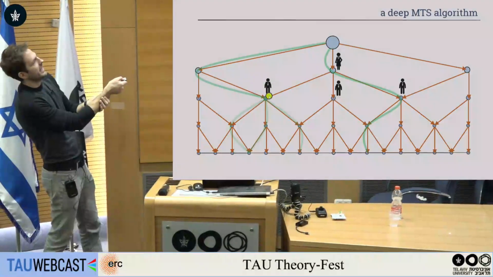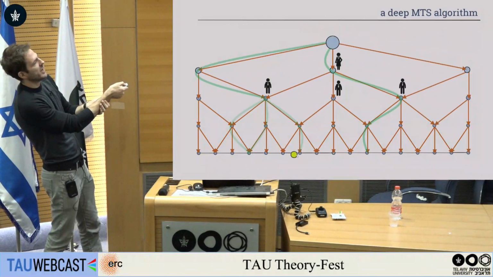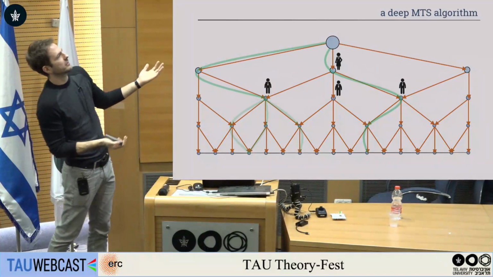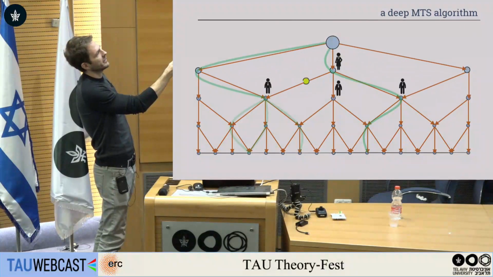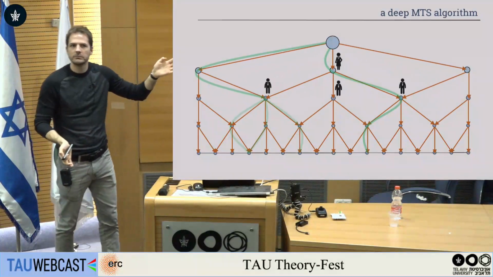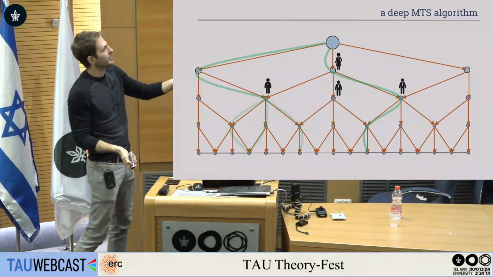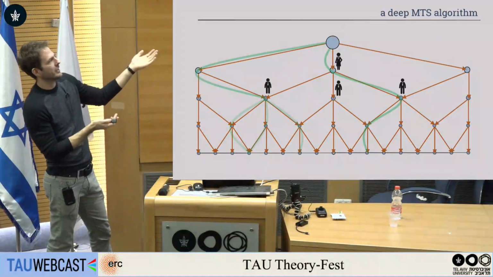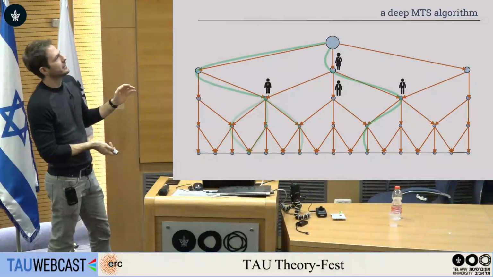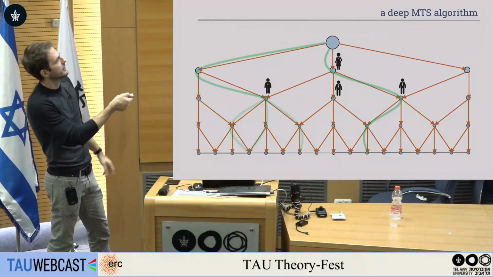If I give this agent 1 unit of probability mass, then it has some strategy, and it's going to report to me what its current estimate is. And then the boss up here is going to look at those estimates and possibly change the way she allocates flow to each of her underlings. I was going to say children, because it's also a DAG, but there are child labor laws and things like that.